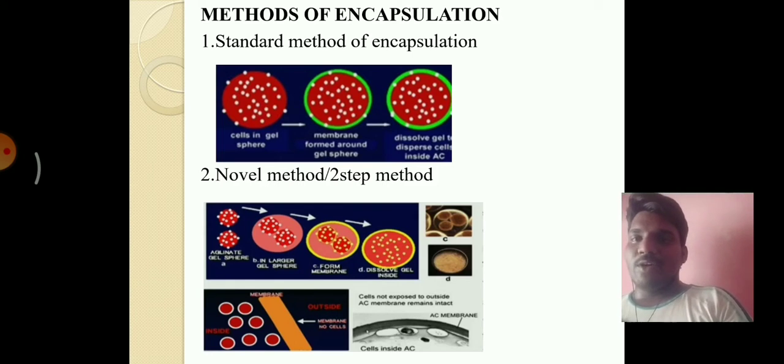After encapsulation of the small spheres, we form a membrane around the larger sphere and dissolve that gel. By this dissolving, the cellular contents are dispersed throughout the cell. By this step, no cells adhere at the membrane. We overcome the immune rejection problem in this process.